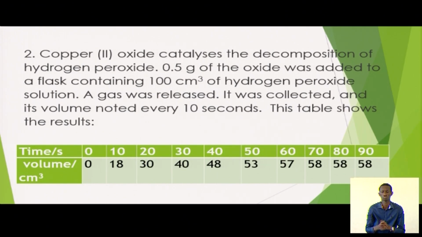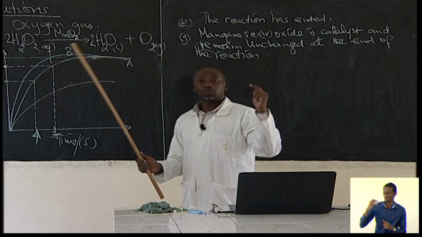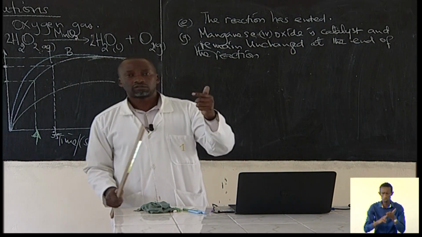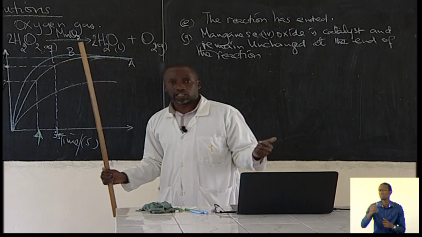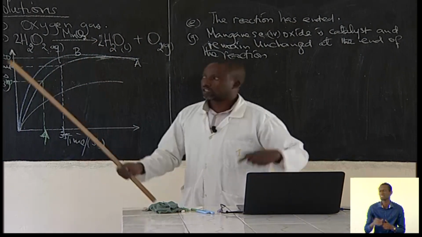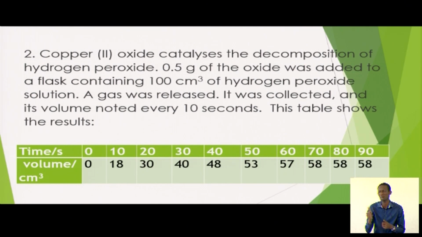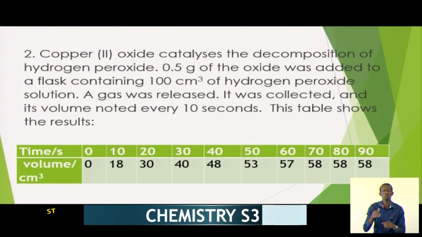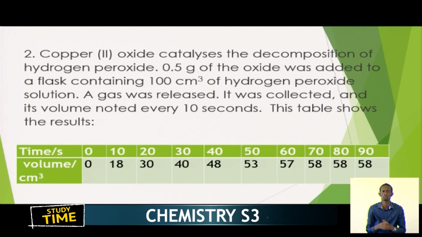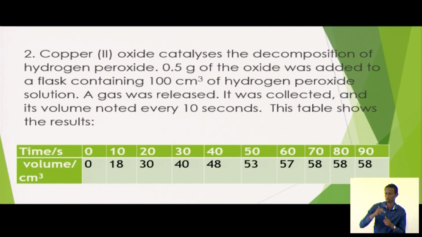You should know that it is not only manganese IV oxide that can be used to catalyze the decomposition of hydrogen peroxide. There are some other catalysts, and we are saying copper II oxide is one of them. Maybe we'll be able to mention some other catalysts along with answering the questions.